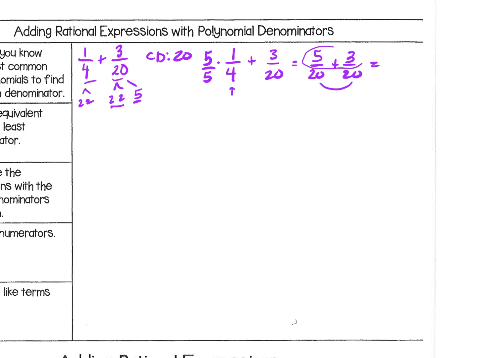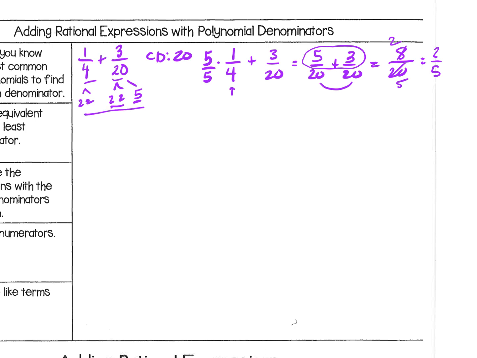So we would combine this, 8/20, which would then reduce to what? I can pull a 4 out of this and a 4 out of this, so it'd be 2/5, wouldn't it? Okay? Now, we're not going to be doing anything that simple this morning. We're actually going to be doing this with rational expressions.